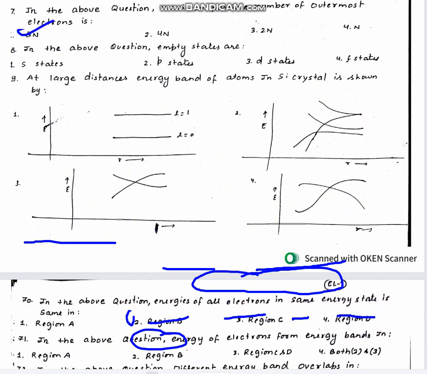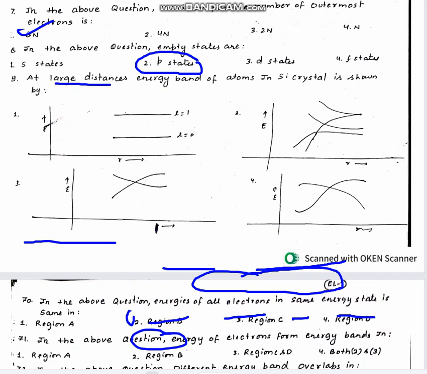Next, the empty states are p states, because the s states are fully filled with 2 electrons.